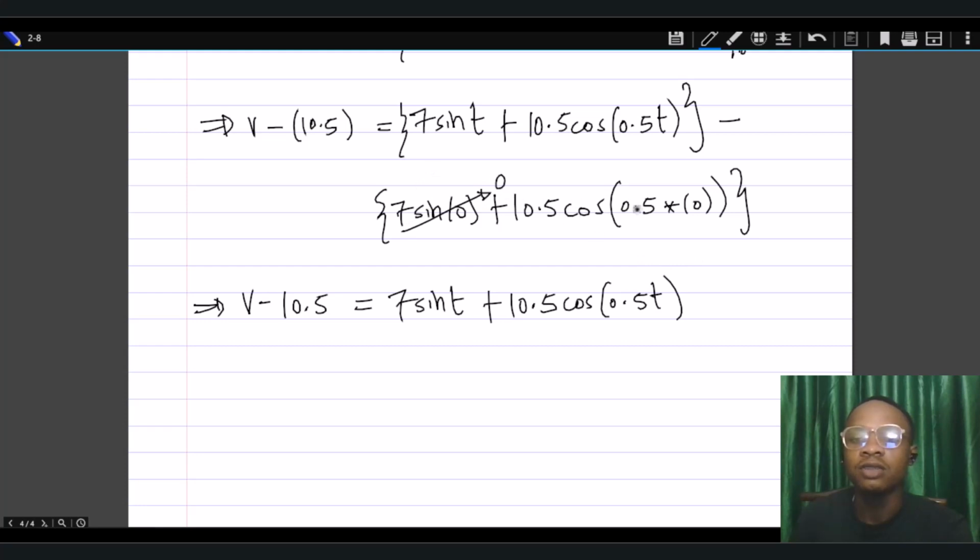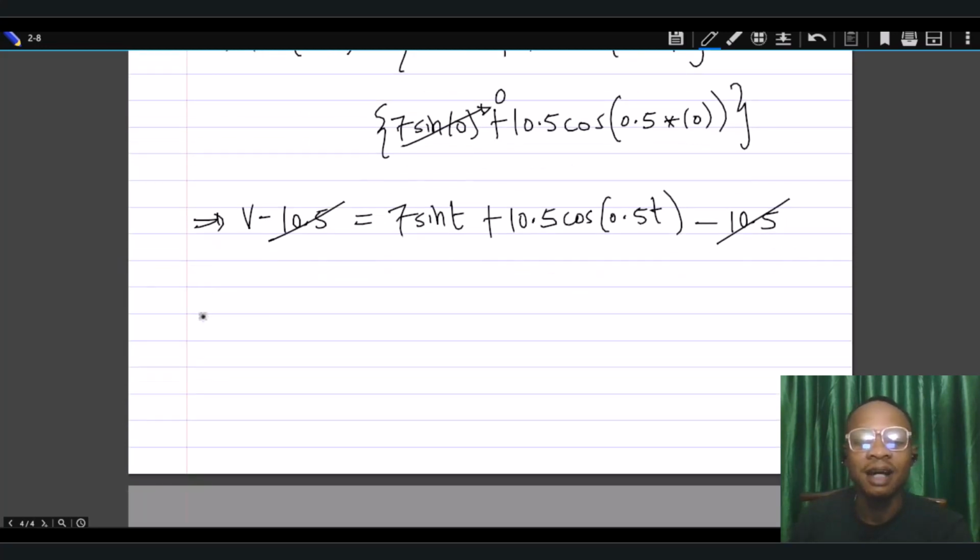Cos of 0 is 1, so this is 10.5, so this is minus 10.5. All right, we are good to go. This carries minus 10.5, this carries minus 10.5 as well, so this will cancel this, and by that we'll have v equal to 7 sine t plus 10.5 cos 0.5 t.